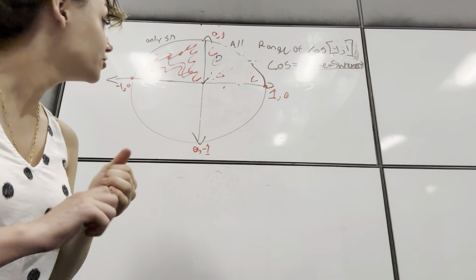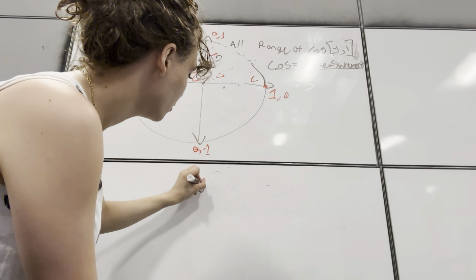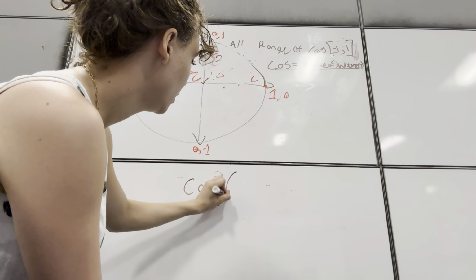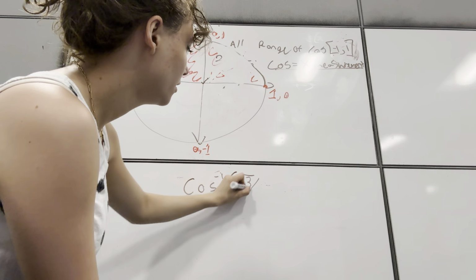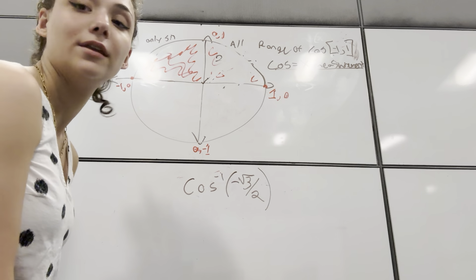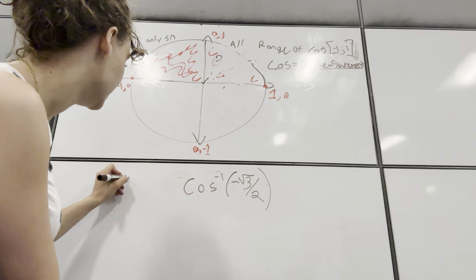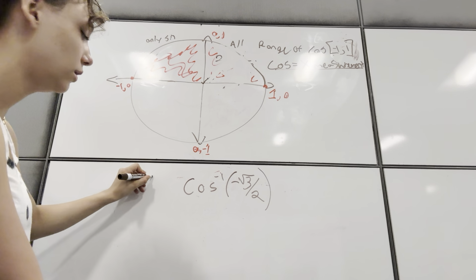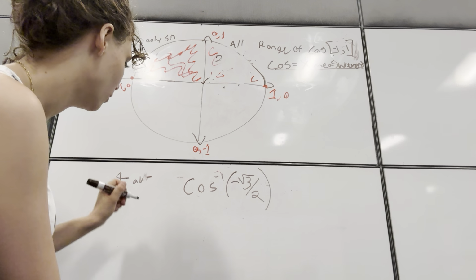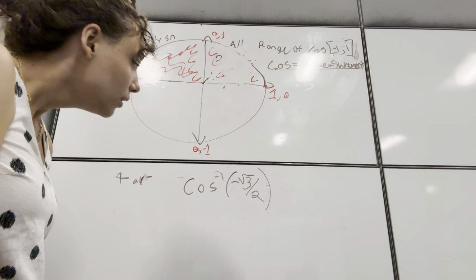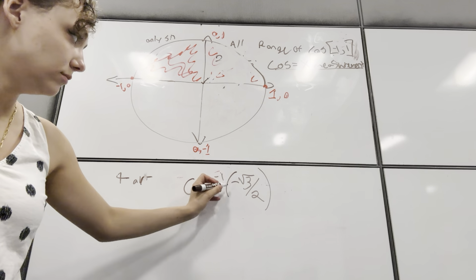Okay, so from here, what if I asked you to find the cosine inverse of negative radical 3 over 2? First off, is it positive or negative? In this case, it's negative.